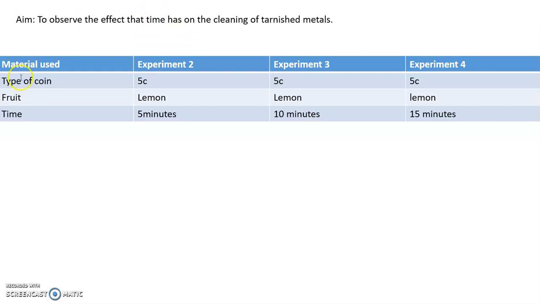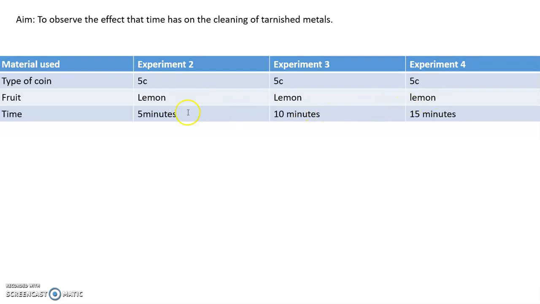So let's look at that. Type of coin, we still keep that constant. Okay, we've got 5 cents, we've got 5 cents. Fruit, we are not interested in the fruit, so keep it constant. So you've got your lemon, lemon, lemon. We've kept that one constant.